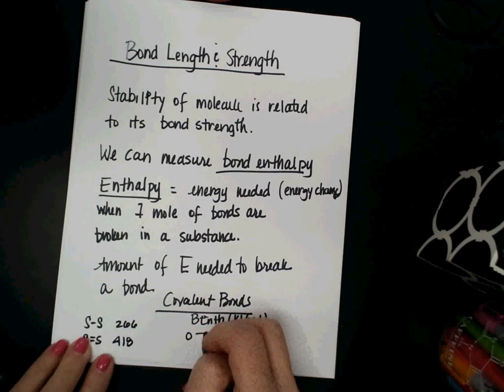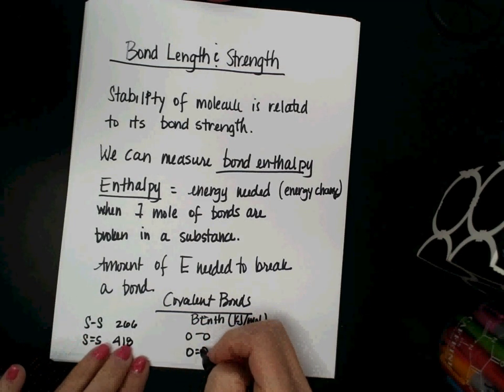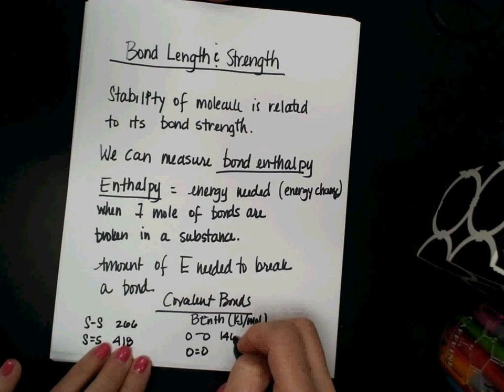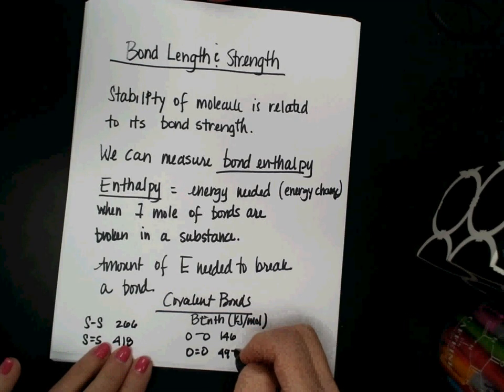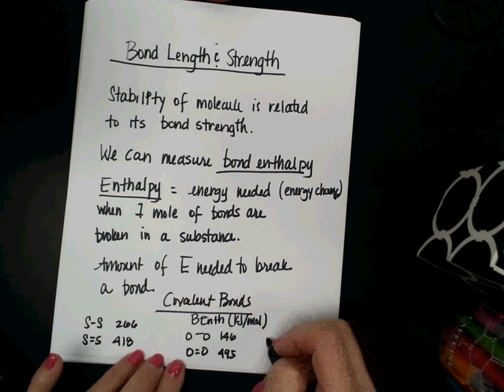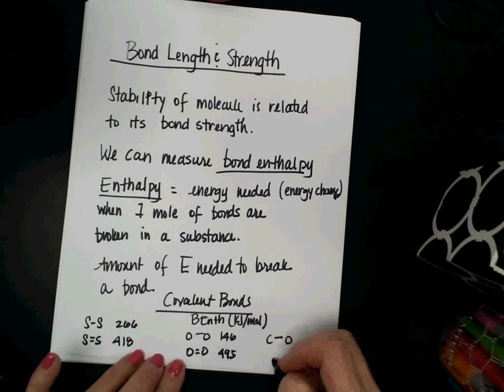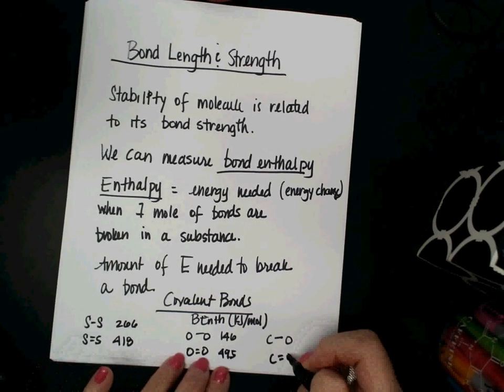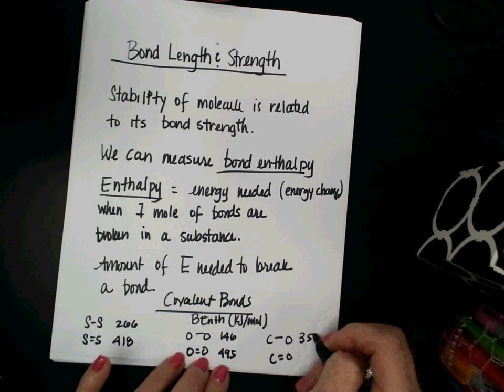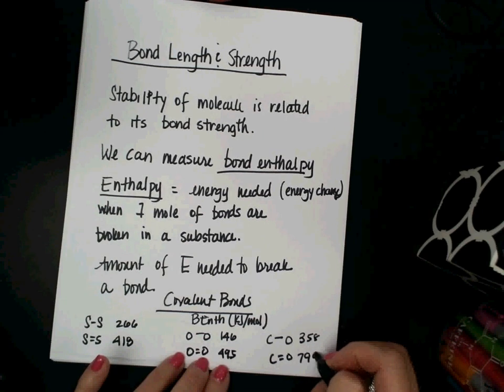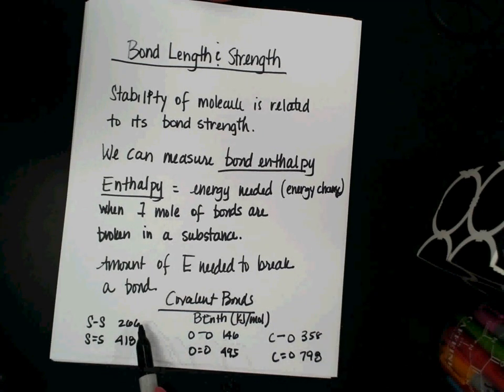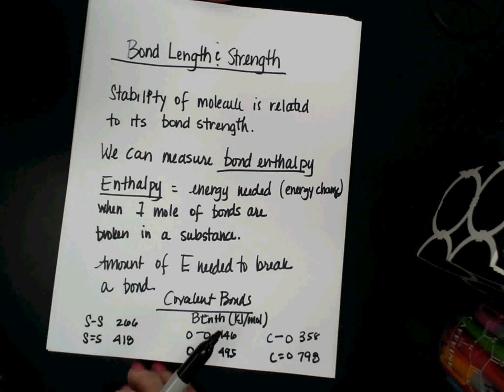If I look at oxygen versus double bonded oxygen, this is 146, this is 495 kilojoules per mole. If I look at something not different like CO versus CO double bond, I've got 358 here and 798 here. So you can see in every single case, as I increase the number of bonds, I'm increasing the bond enthalpy.